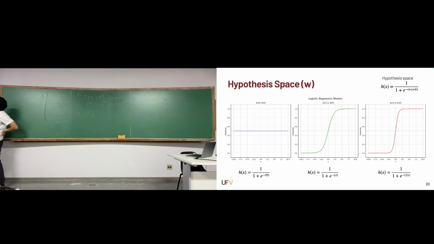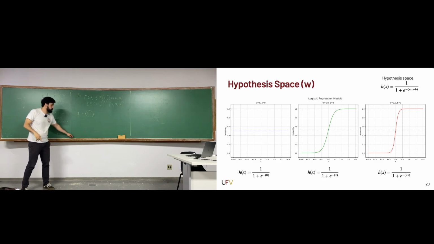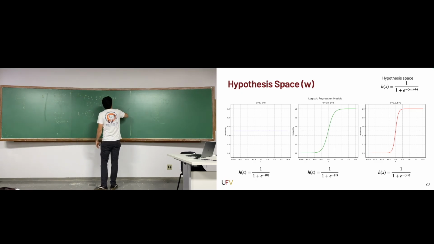But if I increase w a little bit, now w is 2 instead of 1. Now see that we have squeezed the s a little bit. Actually, not a little bit. I only changed w by 1, and you can see that it became more narrow. So if you increase w, very quickly this function is going to almost look like a step function. It will never be a step function because it's continuous, but you'll get closer to a step function as you increase w.